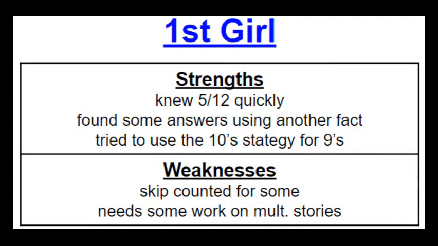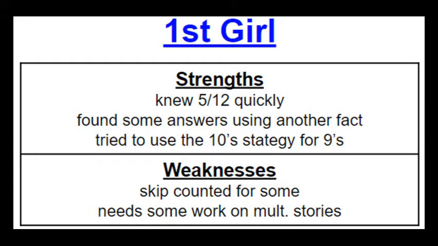Okay, in my opinion, I think this girl is a 2. I definitely don't think she's below basic because she does know multiplication. She just doesn't have her facts quickly. However, she's using some strategies. She knew 5 out of 12 of the problems quickly.